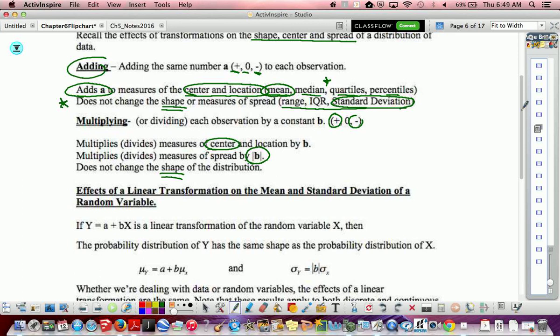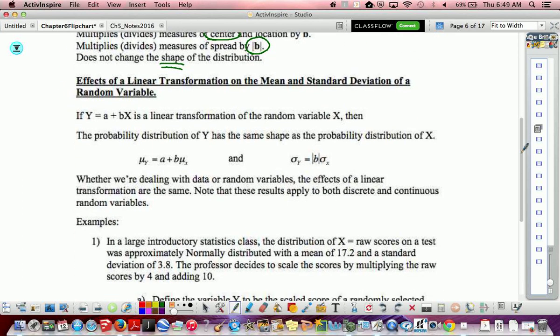So, to summarize what we're talking about here, if you're doing some sort of linear transformation, a is the adding part, it's your y-intercept. b is the multiplying part, it's your slope. Then your new mean of y, which is that new random variable y, can be found by taking a plus b times the mean of x.